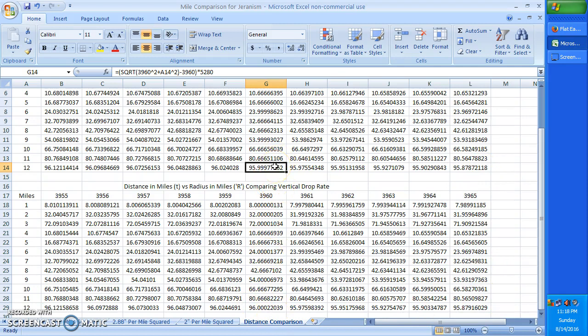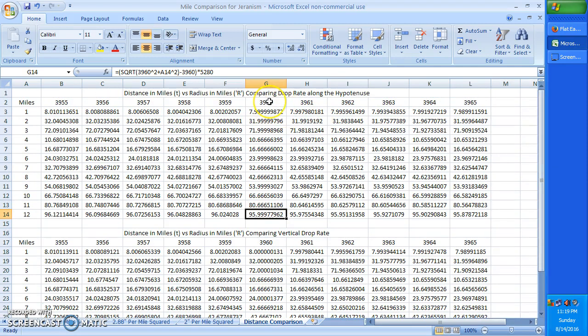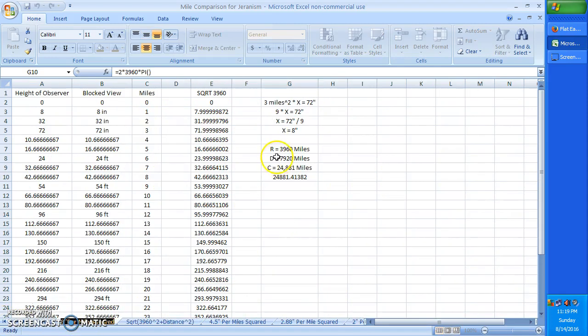And realizing that the arc measure is between this and this for our circle. I've used 3960 as my circle because it most closely represents 8 inches per mile squared. And that is something interesting. That 8 inches per mile squared comes out first, and you can determine the 3,960 miles radius from this measure.